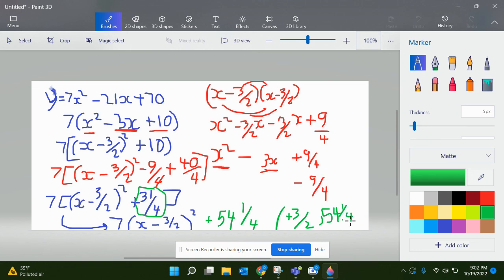Let's stick with fractions. 54 and a quarter. Okay, let's check it. So we'll go to Desmos. 7x squared. I'm just writing it down right now. Okay, let's just check that the vertex is 1.5 and 54 and a quarter.